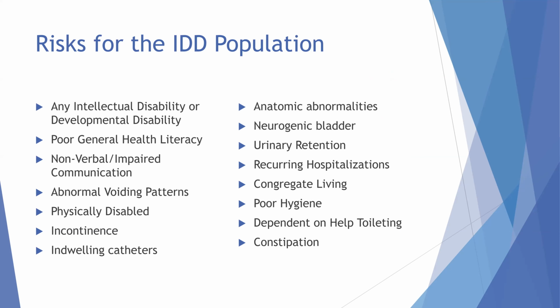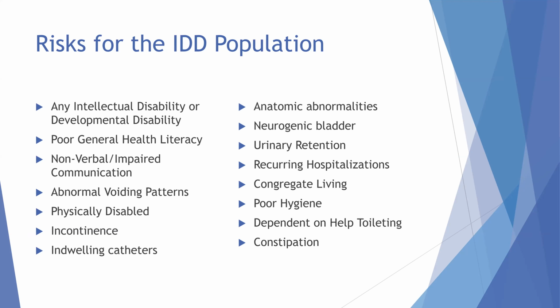So there are some risk factors listed here that are specific to the IDD population. Individuals with a developmental disability tend to be at a higher risk for UTIs when compared to other cohorts.